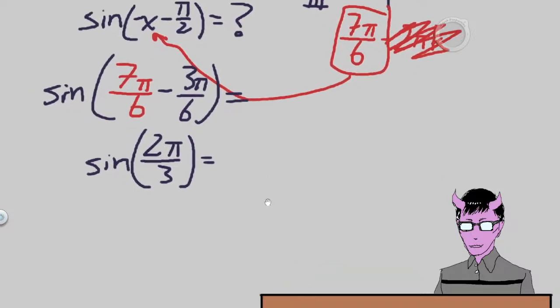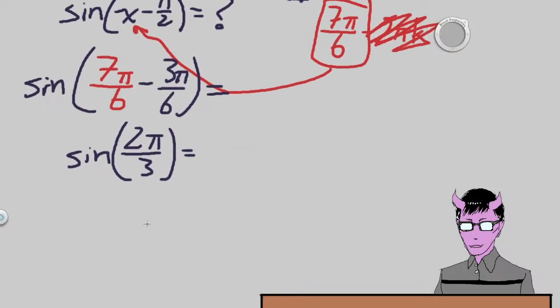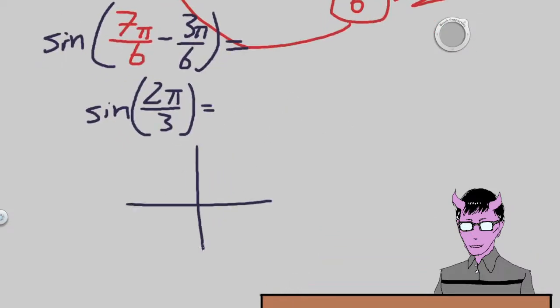And this is going to be easy to evaluate. If you do the rough sketch, that's going to be pi over 3 short, so we're like here-ish. So the reference angle is going to be pi over 3, which is like 60 degrees.